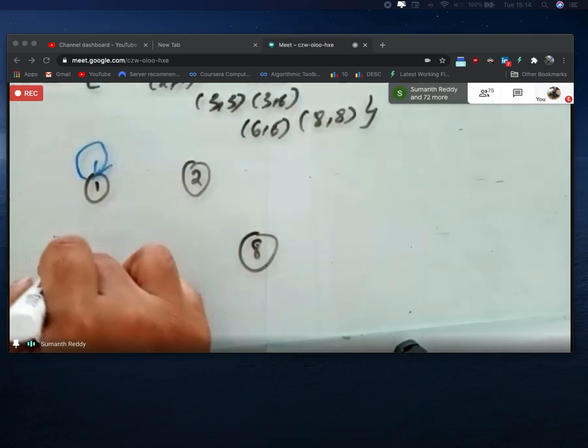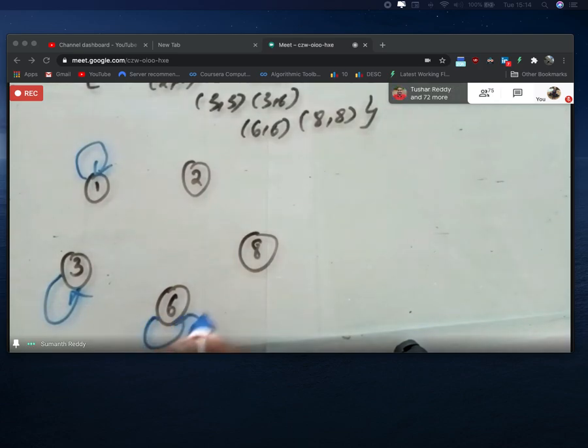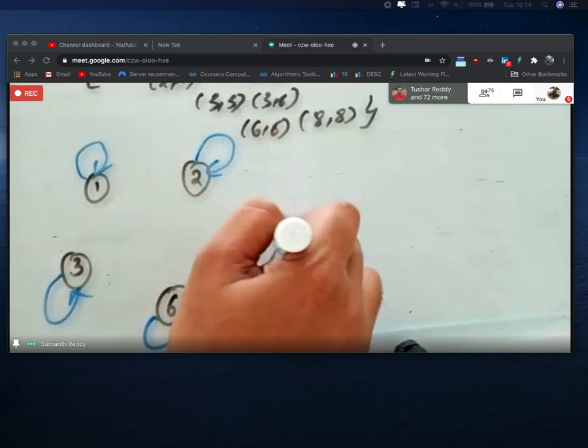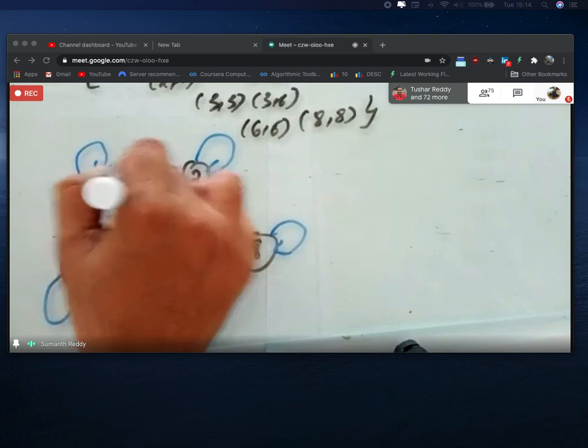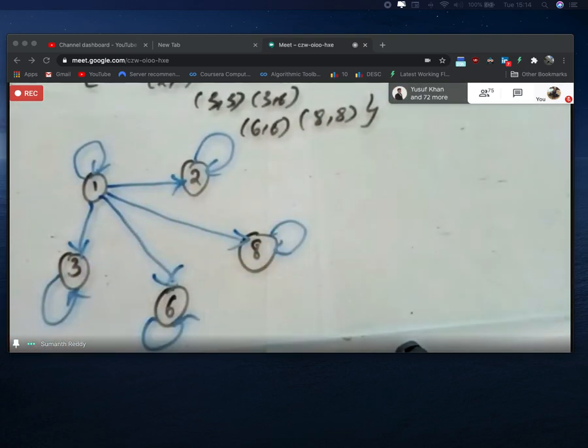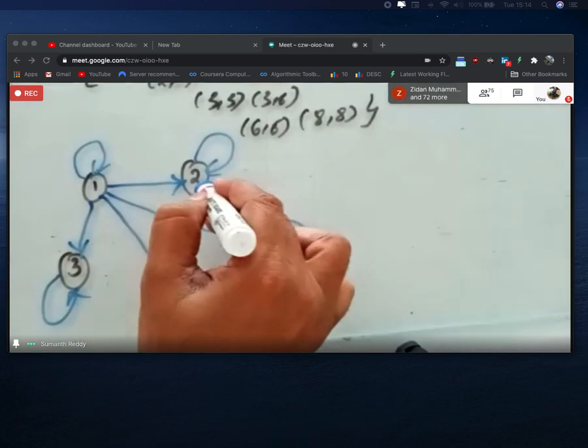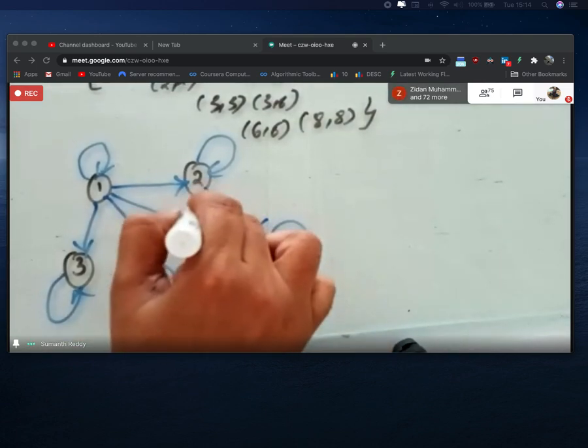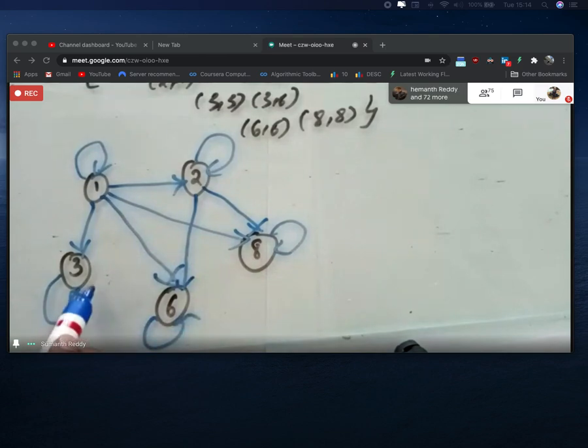Every element is related to itself, so I can write the loops. And 1 is the element that is related to all the other elements, so I have written the arrow diagrams. Then 2 is related to 8 and 6, and 3 is related to 6.